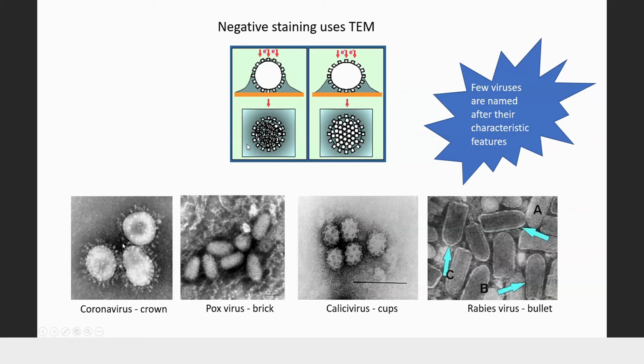The stain does not stain inside the virus, but stains outside the virus in the background, so you can see this is a spherical virus and it has an envelope characterized by spikes or peplomers around the virus. That's how the virus got named, because the spikes look very beautiful, just like a crown. So that's how the virus got named coronavirus.